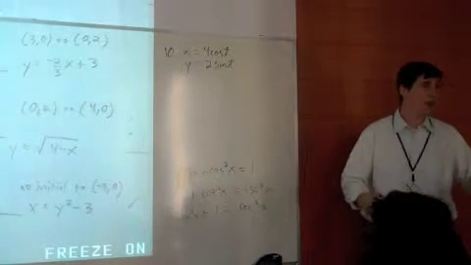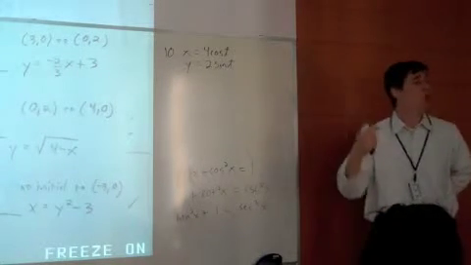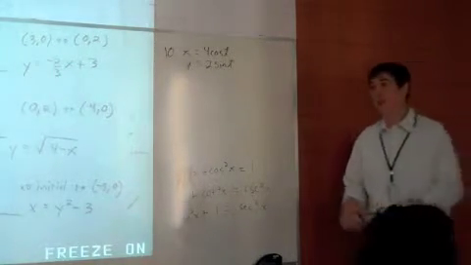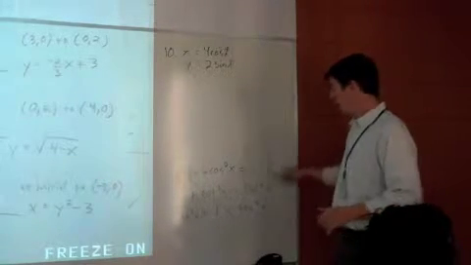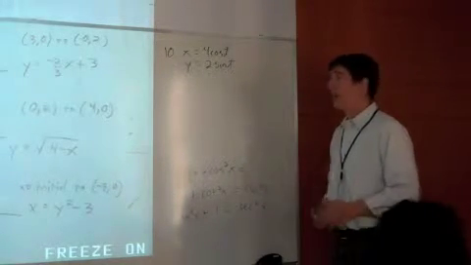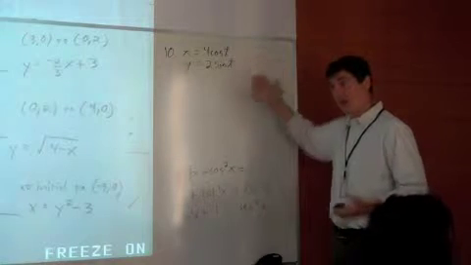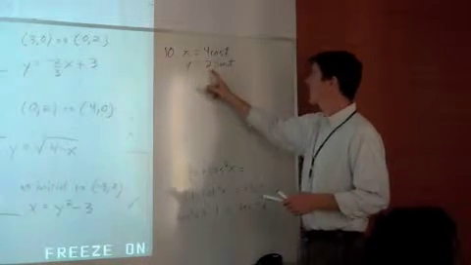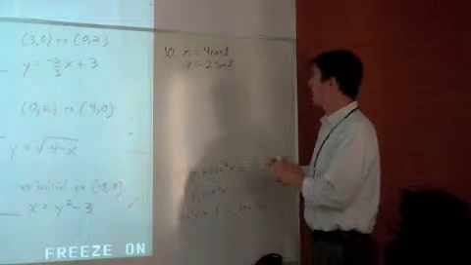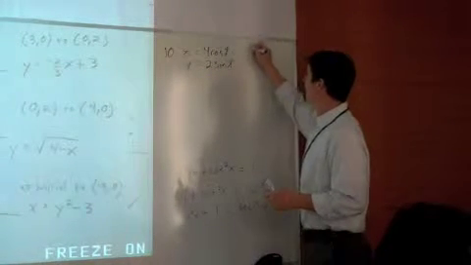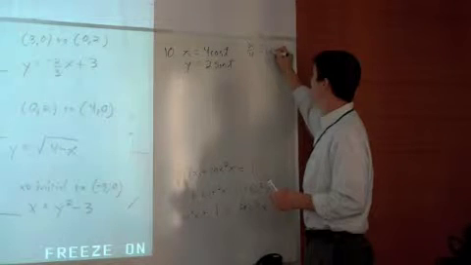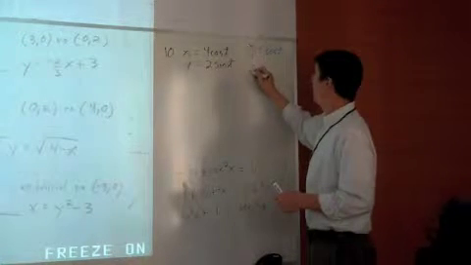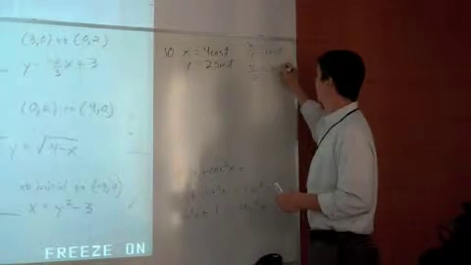If you don't have any sines and cosines, you directly substitute one into the other. If you have something with sines and cosines, you're going to have to use some of this information to get rid of the t's. And here's how you would do it. If I divide this by 4 on both sides and this by 2 on both sides, you would get x over 4 equals cos t, and y over 2 equals sine t.